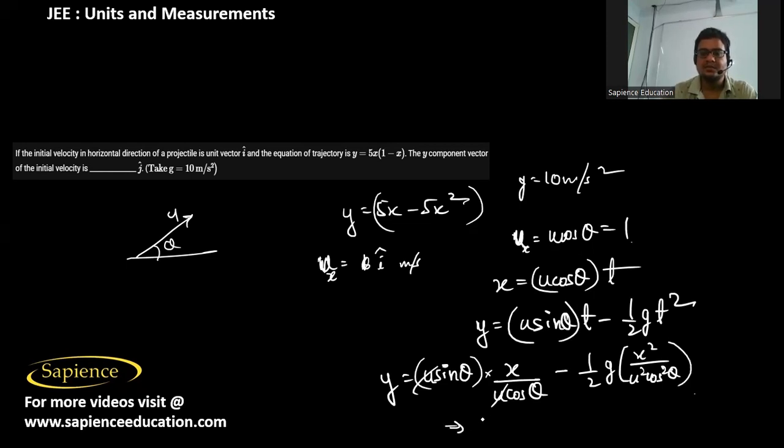Therefore the equation of the trajectory is x tan theta minus half g x squared by u squared cos squared theta.